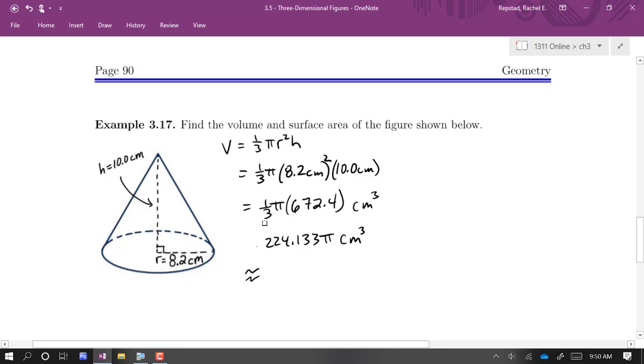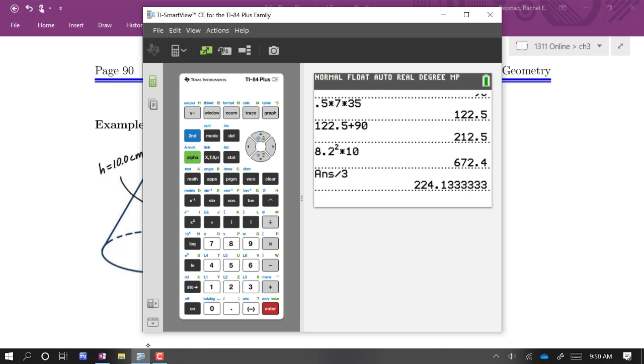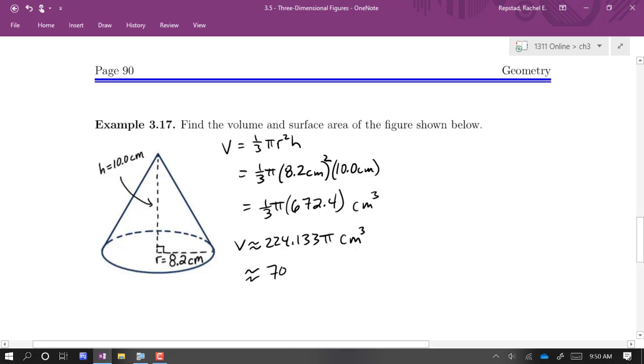Really I did round that coefficient there, so I'm going to call that approximate as well. Multiply by pi, and we get 704.14. Right, so there's the volume.